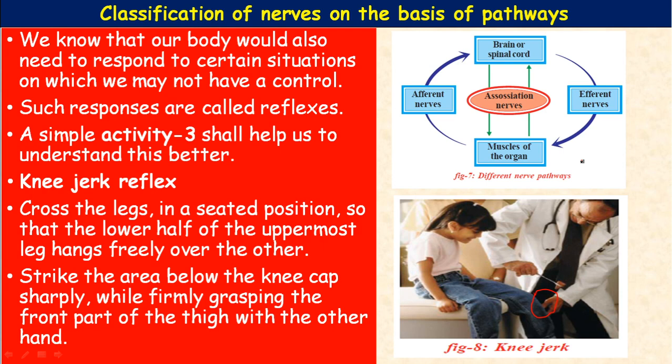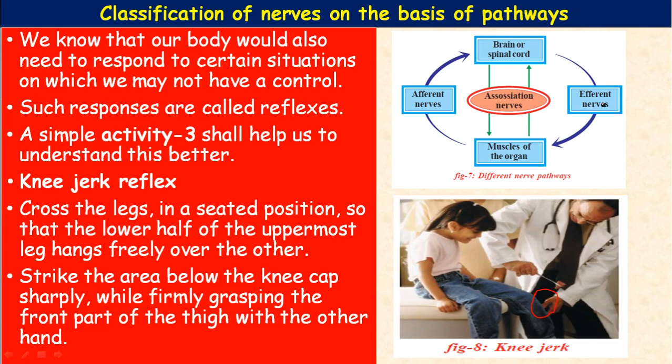Take the different nerve pathways: the brain and spinal cord, with the help of associated neurons. First, afferent neurons carry the information to the brain and spinal cord, and the response is generated.